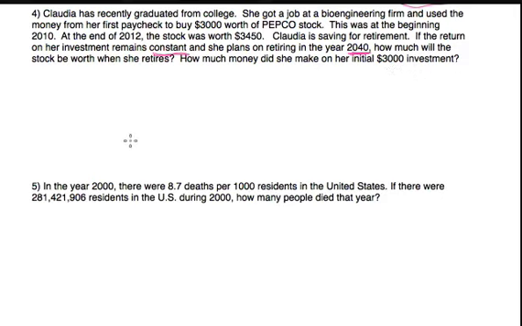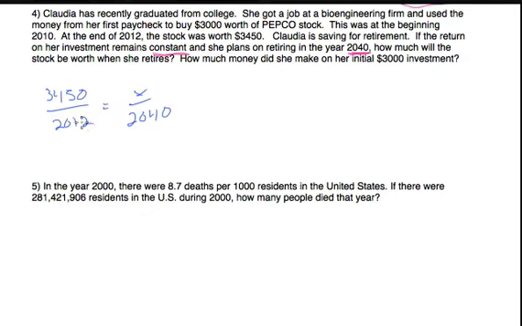Interesting problem. Now, since we're using proportions, some of you may do this. The stock was worth $3,450 in 2012. So how much would it be worth in 2040? This would not work, and I'll tell you why.